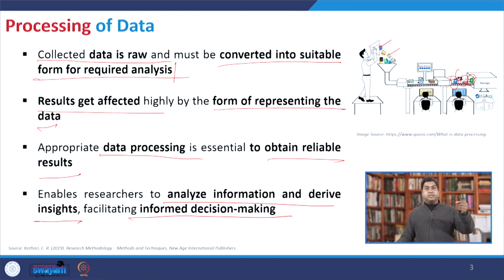But even if it gives some outcome without the data being organized or defined, then that is also wrong. So for informed decision making, we have to really process and refine the data in the interest of that analysis.